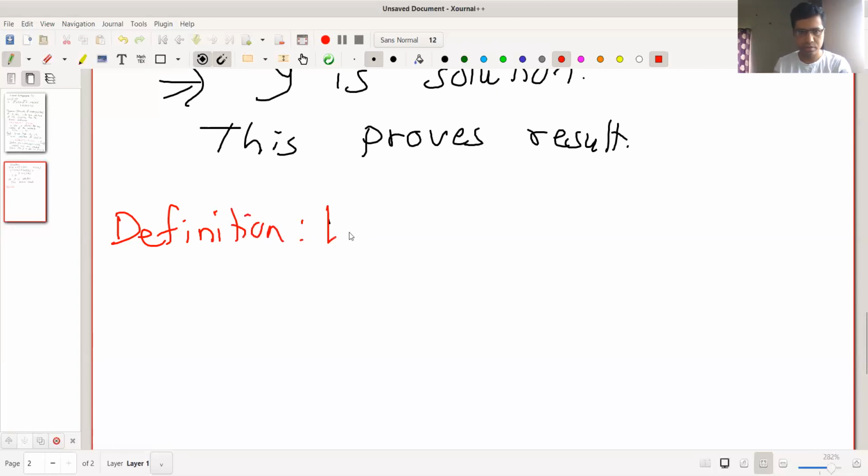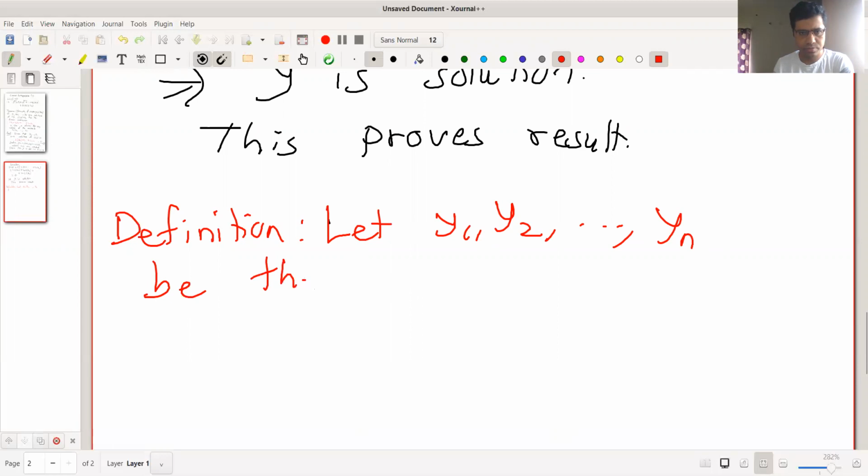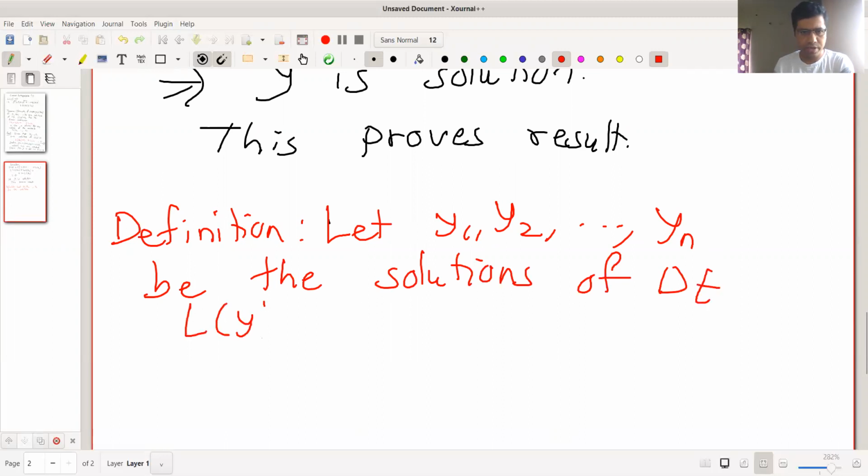Let y1, y2 and so on yn be solutions of the differential equation L of y equal to 0.